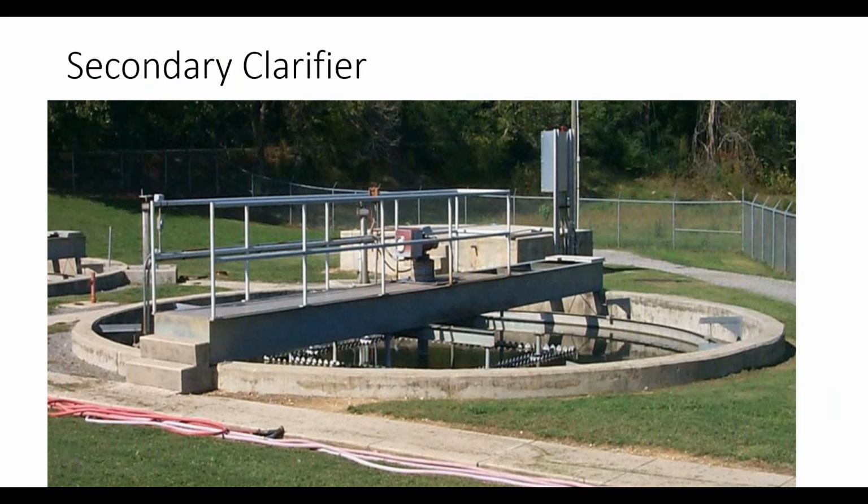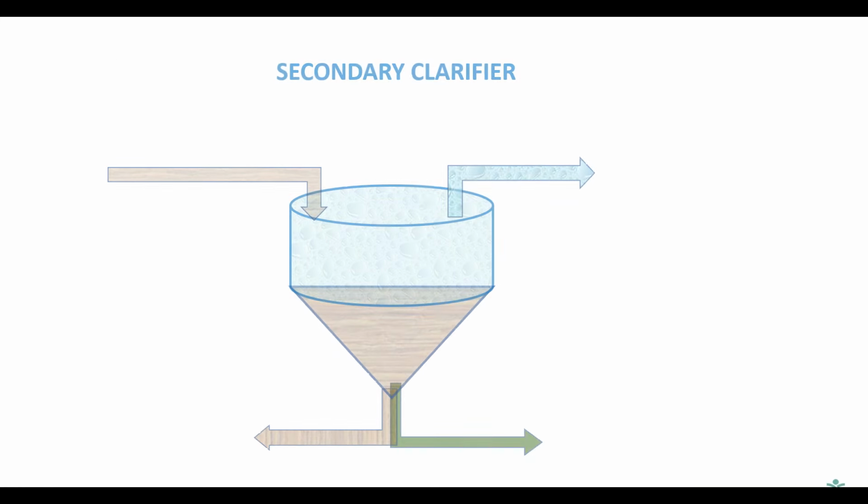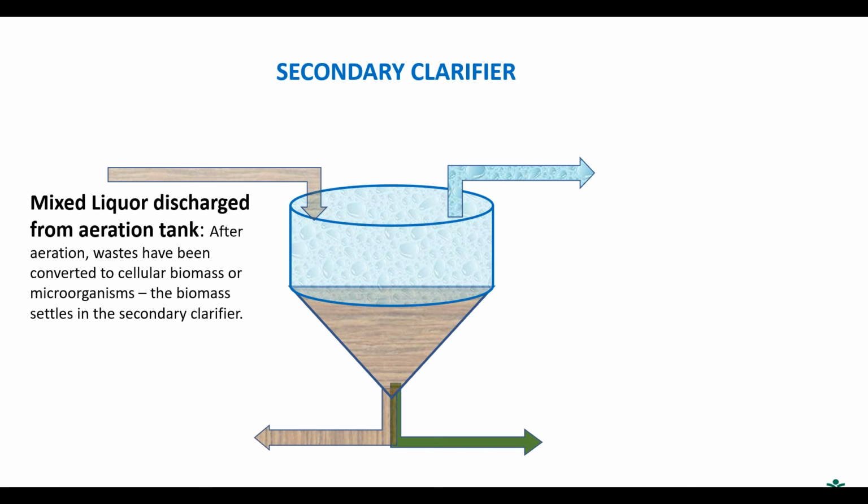Here's an image of an actual secondary clarifier, a circular clarifier. The purpose of a clarifier is to slow down the flow so that suspended solids that are settleable will settle out, and the clarified liquid on top will continue on toward the effluent. So let's look at the secondary clarifier flows. You have the mixed liquor being discharged from the aeration tank. By now it's pretty much cellular biomass, which settles.